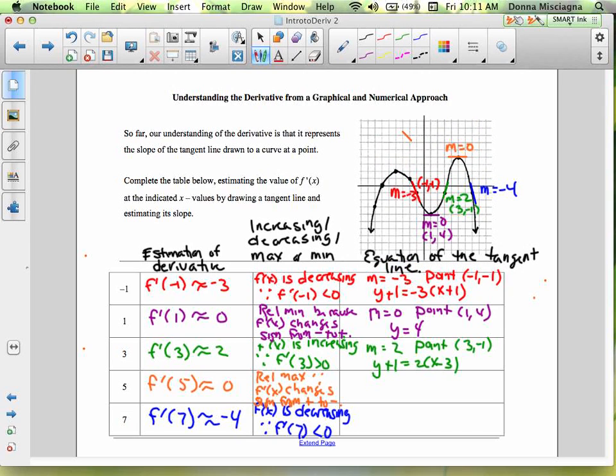Slope is 0, so m equals 0. The point is 5, 4. So the equation is going to be y equals 4. Oops. I hate to use the eraser because then I have to get the pen color out again.